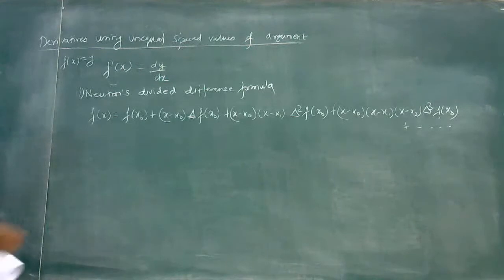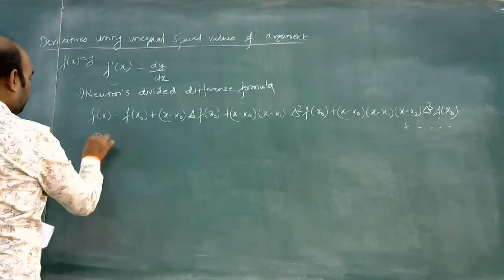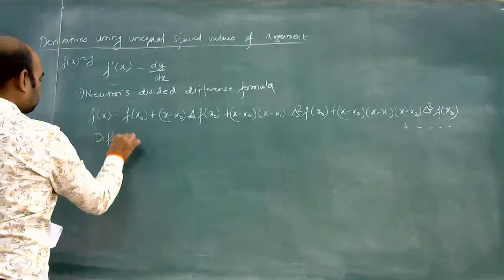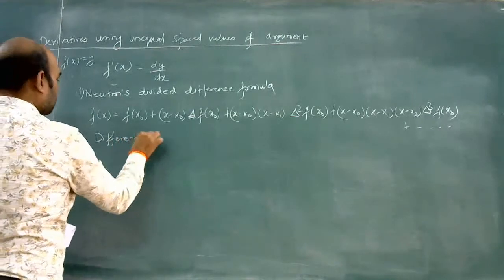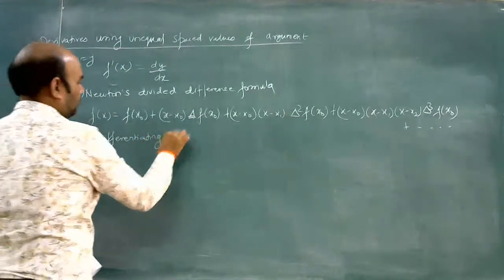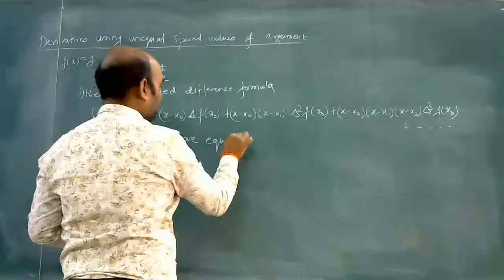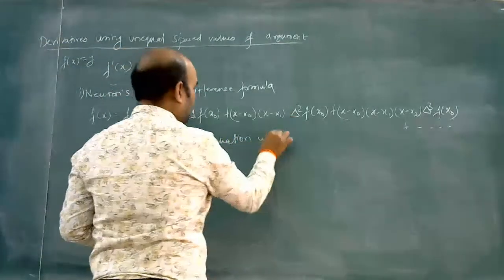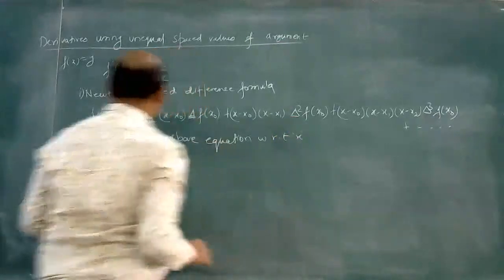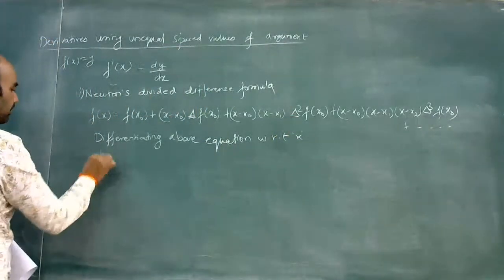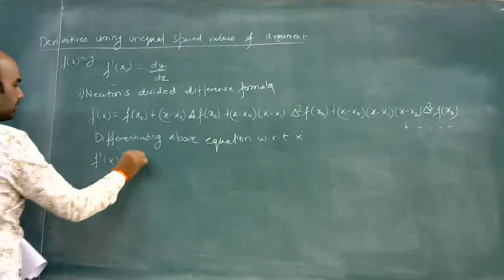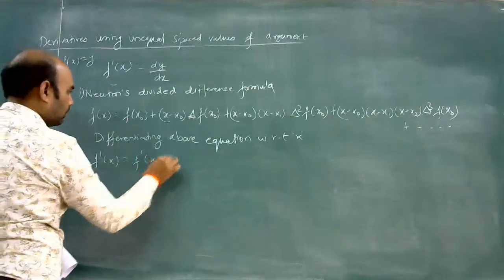So differentiating the above equation with respect to x, this will give f dash x. This will be f dash x naught.